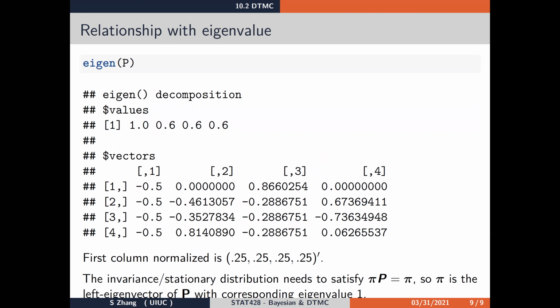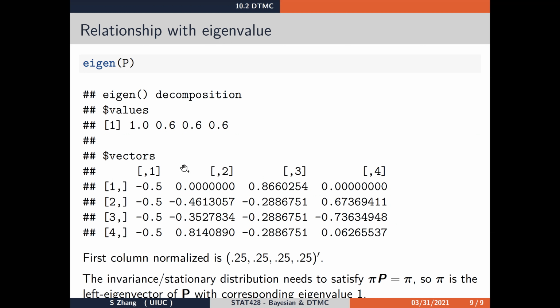So there's another way we can figure out what is the stationary distribution for discrete state space Markov chains. And that's by doing eigenvalue decomposition, eigendecomposition of the P matrix. If you do eigen of P, then it returns you the eigenvalues and the eigenvectors. So this is the first eigenvector corresponding to eigenvalue of 1.